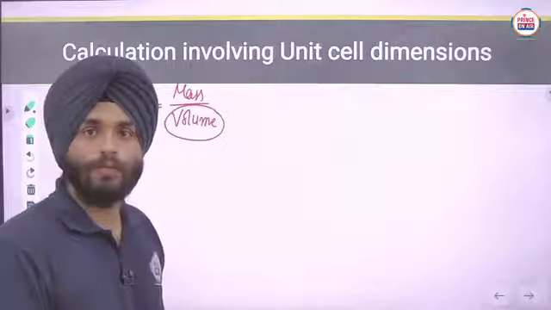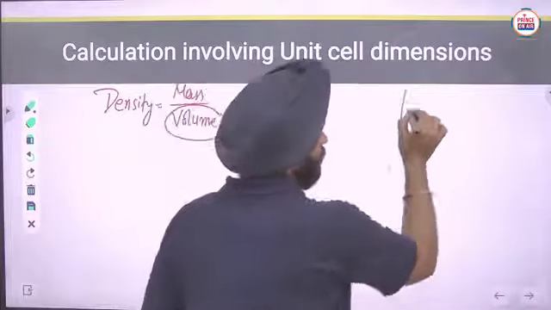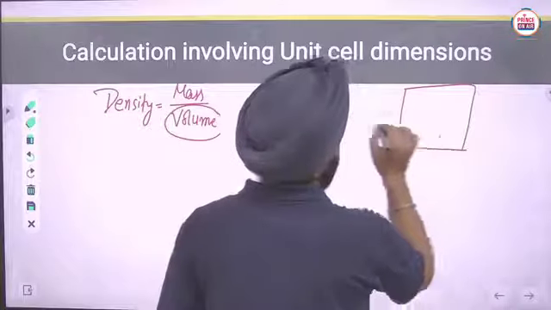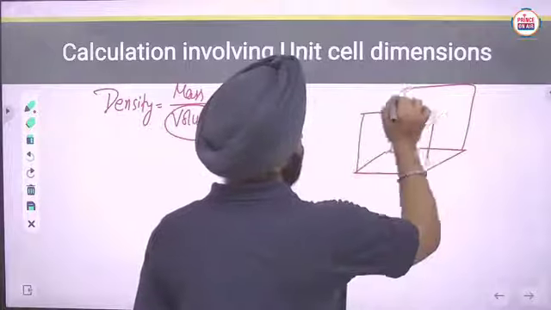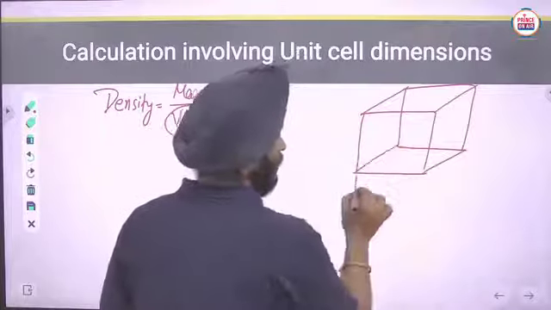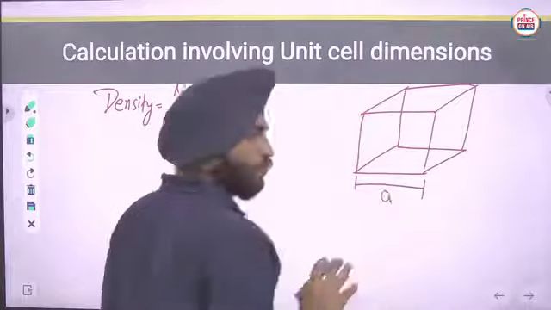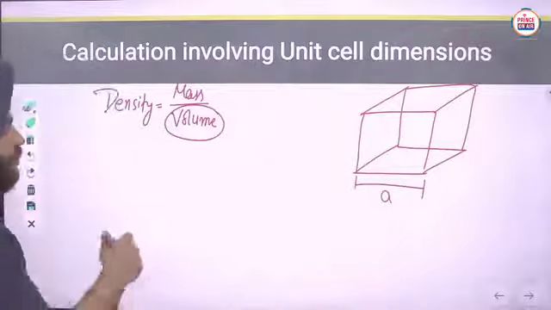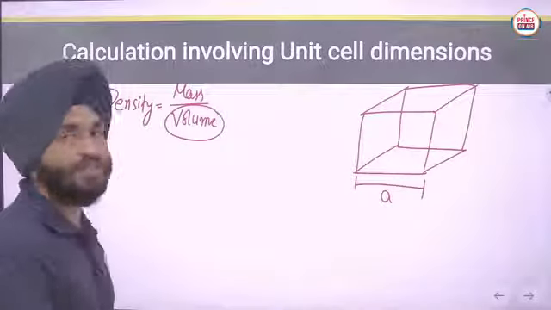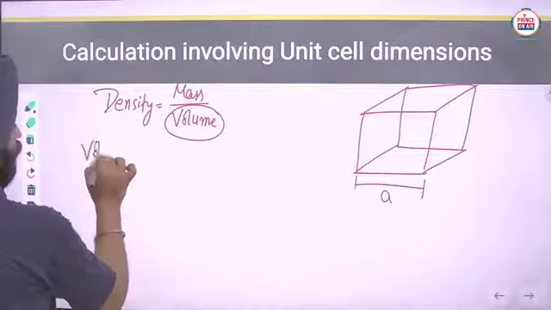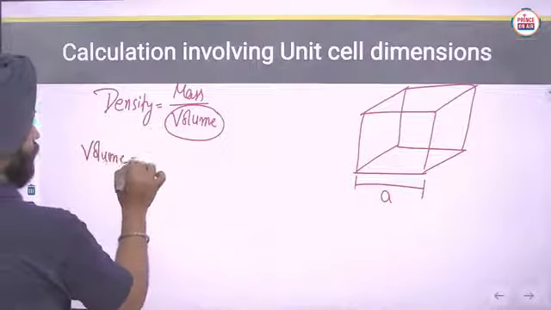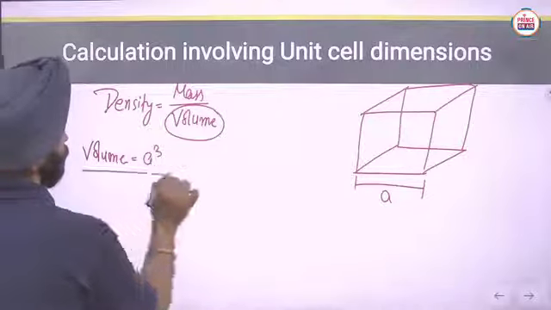So the volume of the unit cell is, see, this one is the unit cell, and it has edge length a. So the volume of the unit cell, which is cubic in shape, will be a cube. So the volume comes out to be a cube.